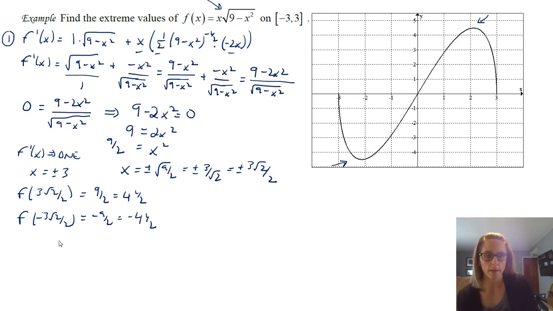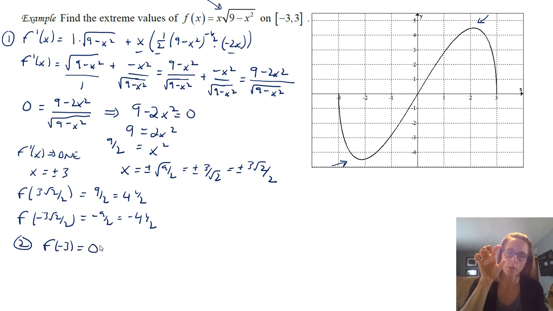Then we're checking our endpoints, which we're checking because our derivative is undefined there anyway. But f of negative 3 is going to give us 0. You can see that from the square root piece, 9 minus something squared, that is 9, is going to give you 0. And the same with 3 is going to give you 0.